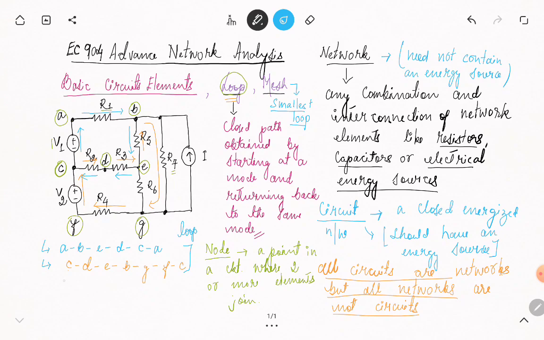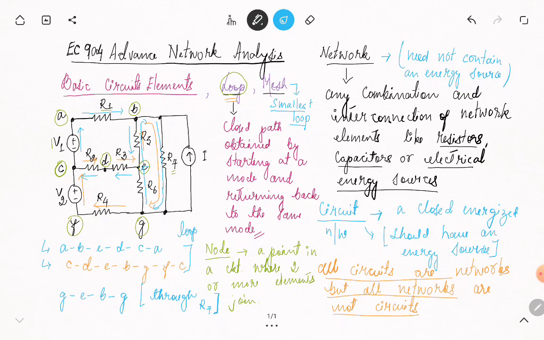Let's see the example of G, E, B, G through R7. It starts from G, then E, then B, and coming back to G. Within this you cannot find any other loop.